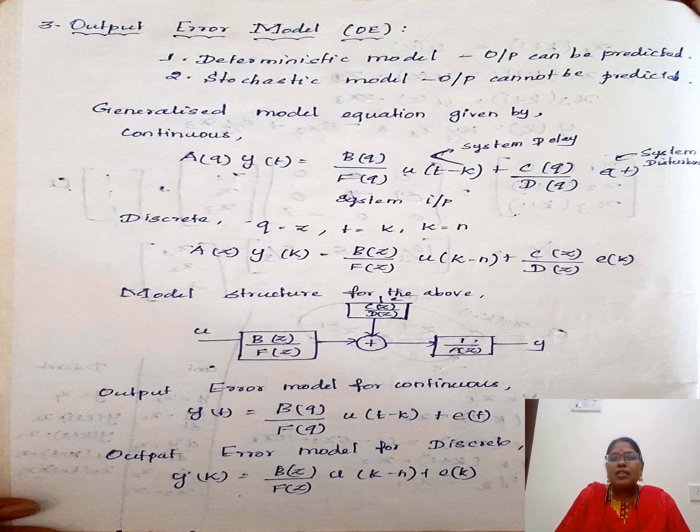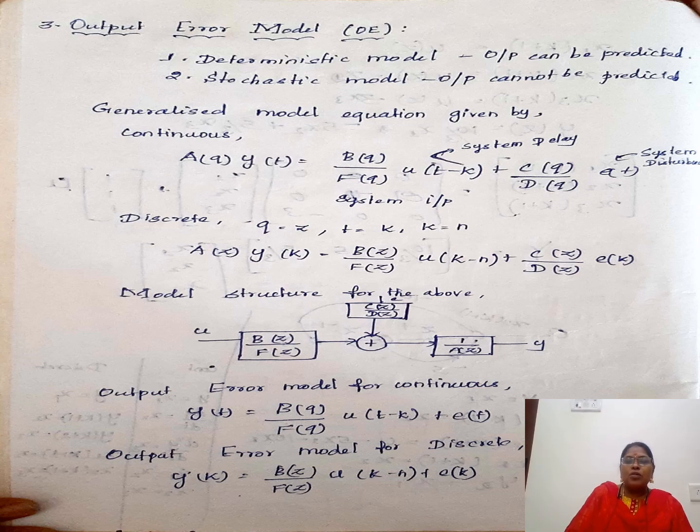B by F of z takes the input with all the delayed inputs, and C by D is the error. This C by D into error is added with all the inputs weighted by the coefficient parameters B by F. Together we call this the model structure for this system.